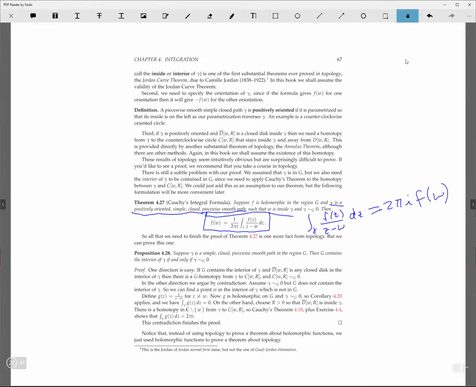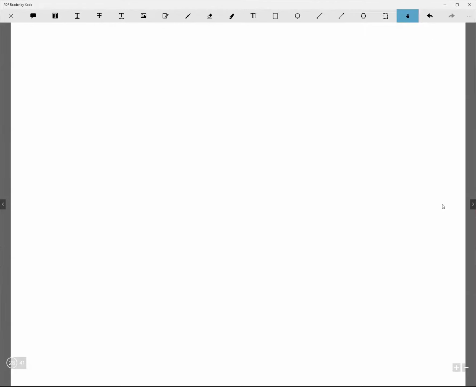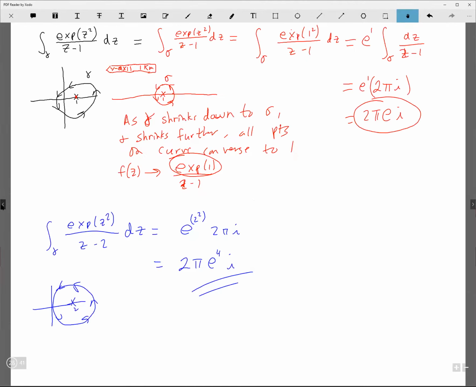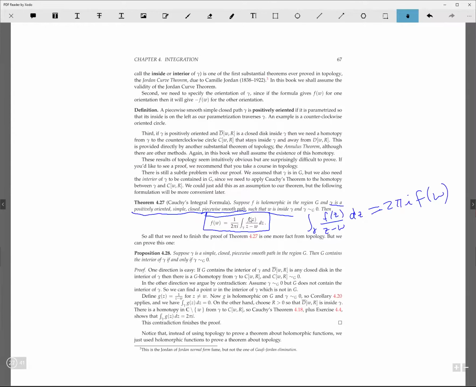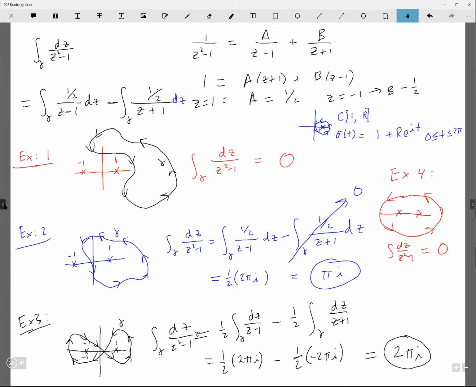Okay, let me show you another way to, so that's kind of like what we just did. We did an example of how to find an integral like this using Cauchy's. So Cauchy's integral formula is really important, and we showed an example of how to do that.